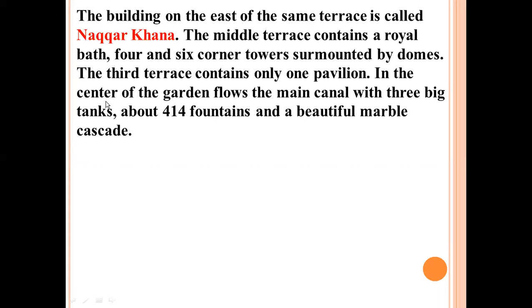In the center of the garden flows the main canal with three big tanks, about 414 fountains, and a beautiful marble cascade. Cascade also means waterfall. A pavilion is a building, a seating or meeting point, or a shelter. So it has different pavilions.